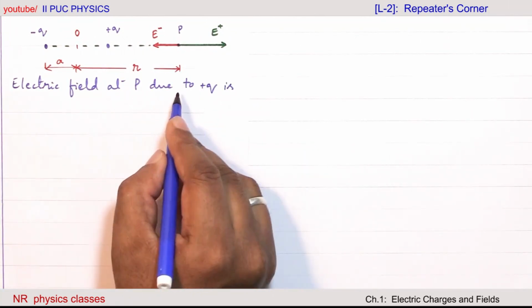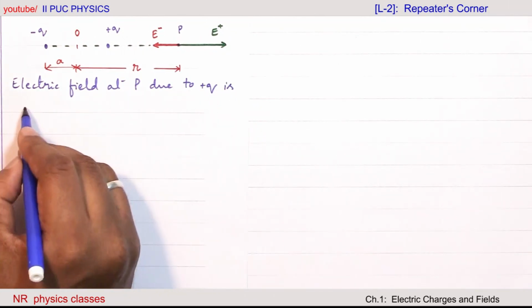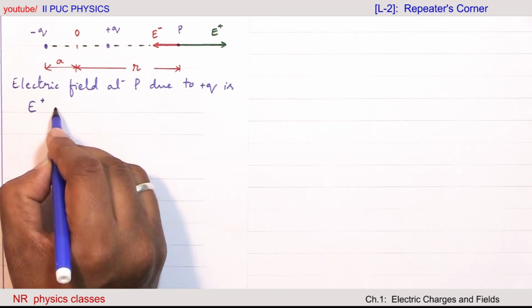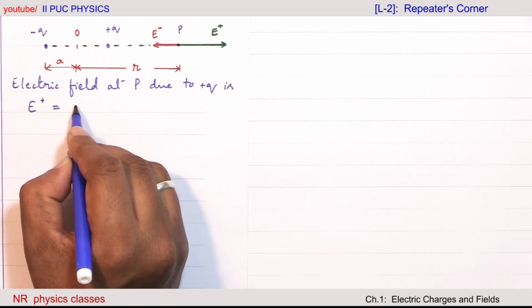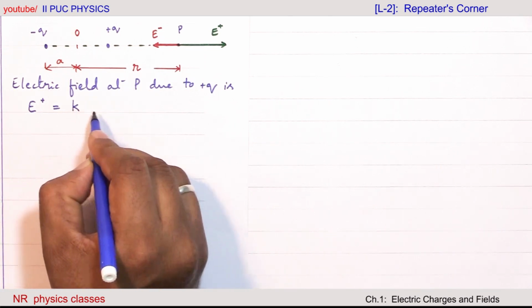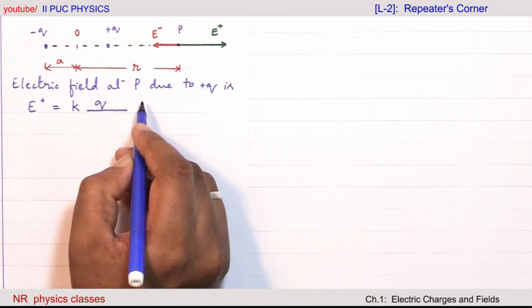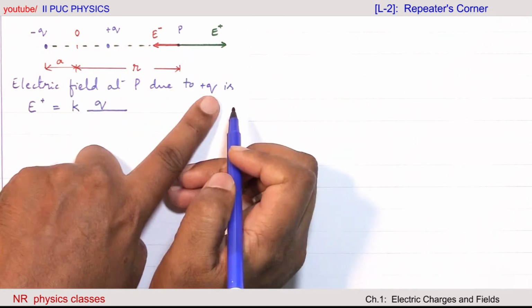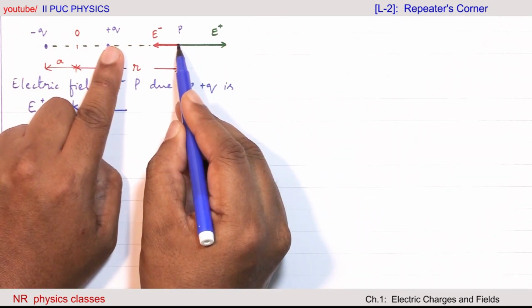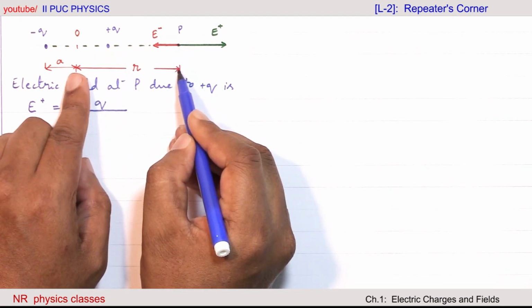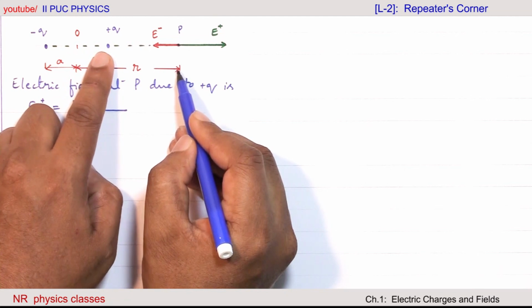Electric field at P due to plus Q, let us denote it by E plus, equals constant k times charge Q, the magnitude of charge, divided by the square of the distance between plus Q and P. Total distance is r minus a.